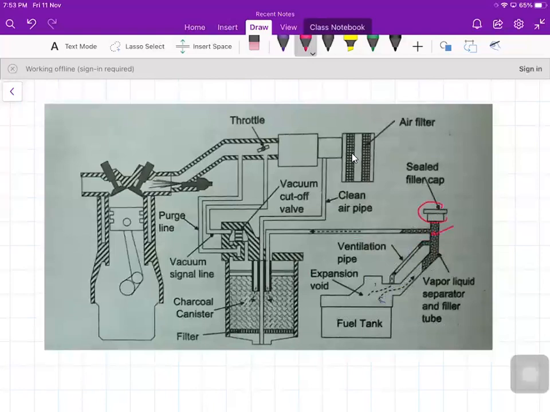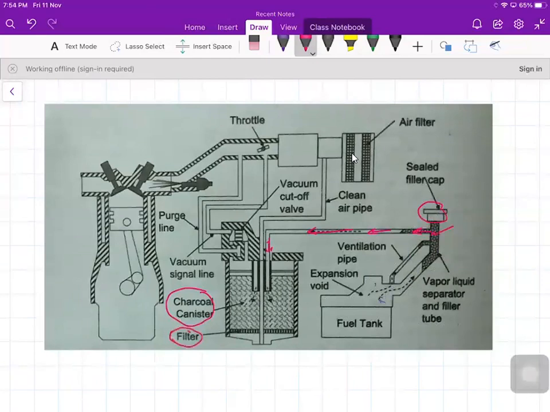Since it is sealed, it goes into this channel and enters the charcoal canister. Inside this device we have the shell, the charcoal bed, and a filter here.